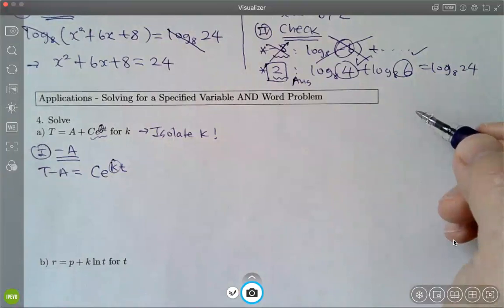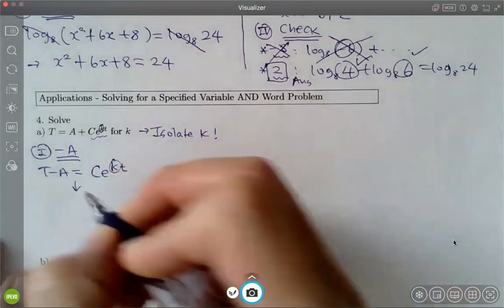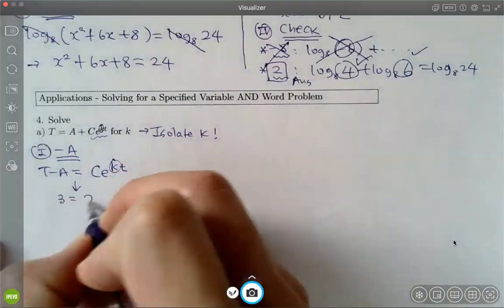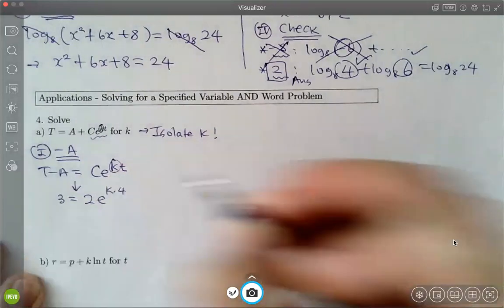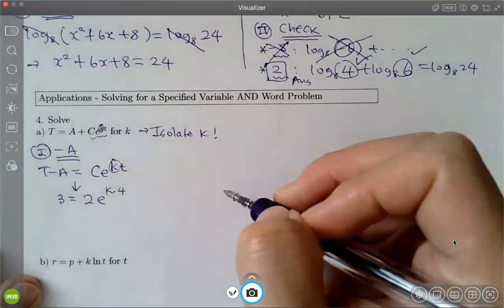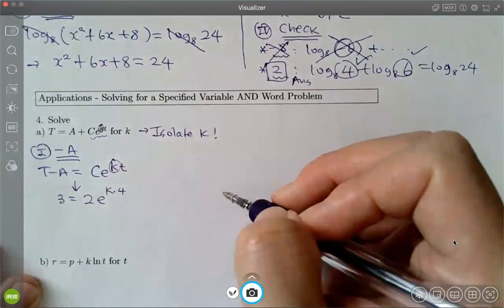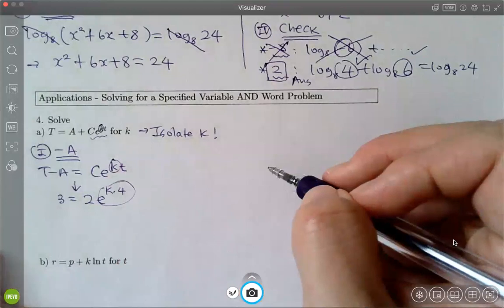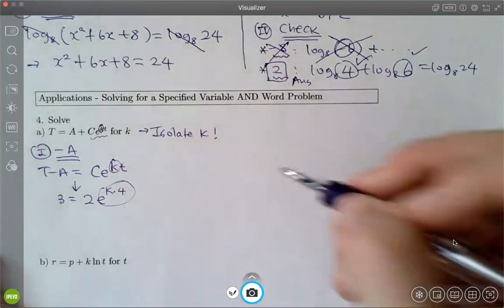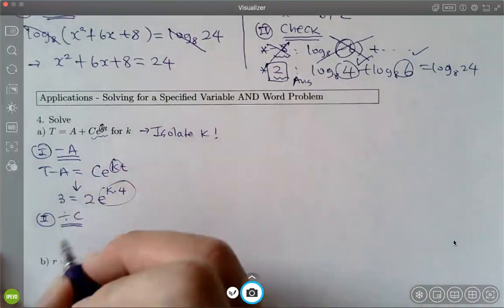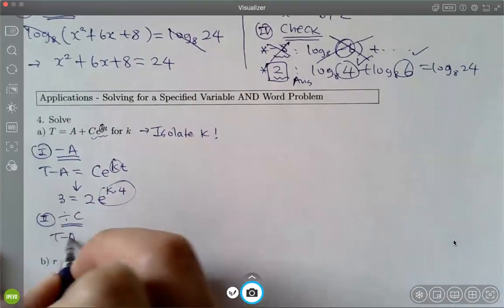So notice that this is similar to the kind of equation we saw yesterday when we were solving exponential equations. So what do you have to do? Isolate the exponential term by itself, which means divide by c. Okay, so we get t minus a all over c is equal to e to the kt.